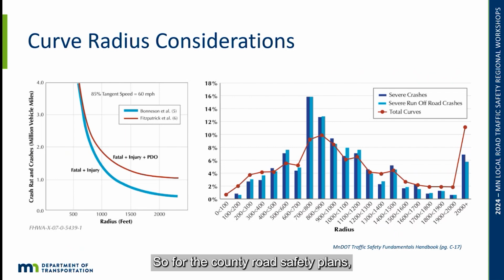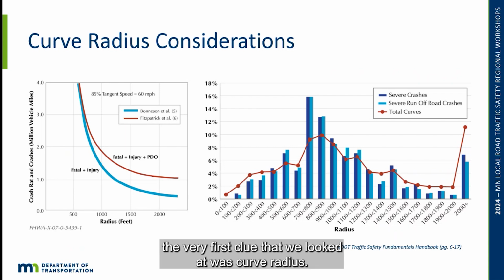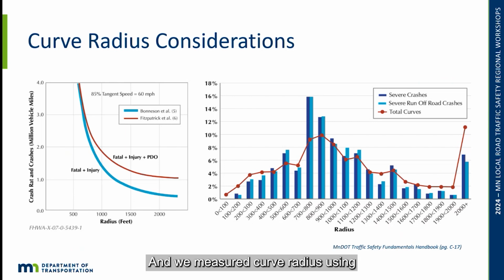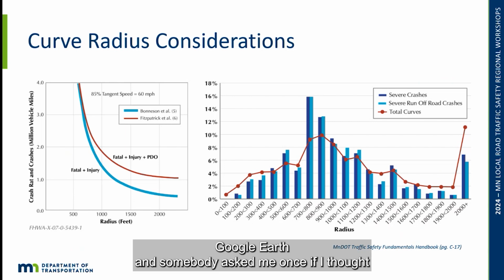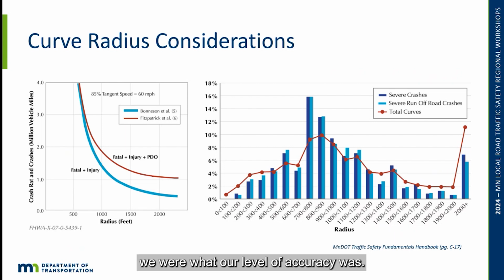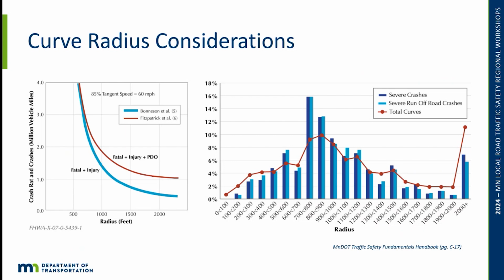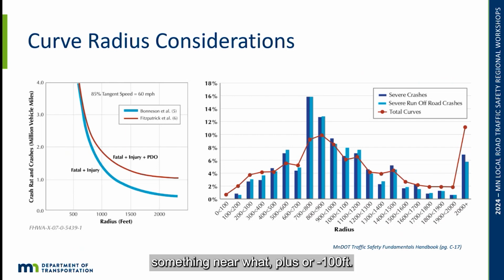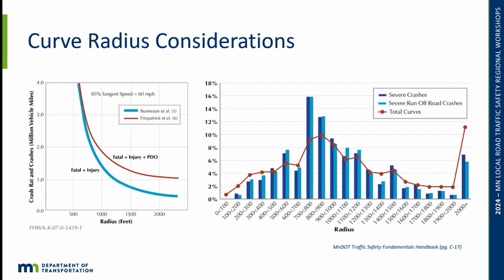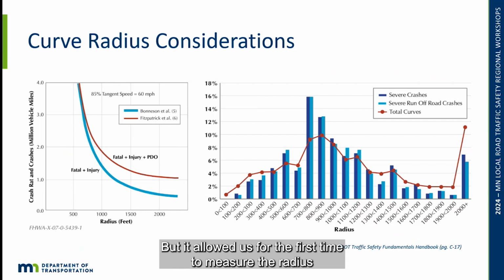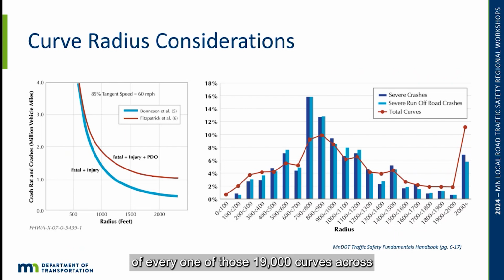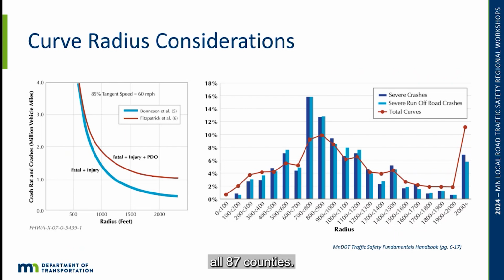So for the county road safety plans, the very first clue that we looked at was curve radius, and we measured curve radius using Google Earth. And somebody asked me once what our level of accuracy was. I'm confident it's certainly something near plus or minus 100 feet. But it allowed us for the first time to measure the radius of every one of those 19,000 curves across all 87 counties.